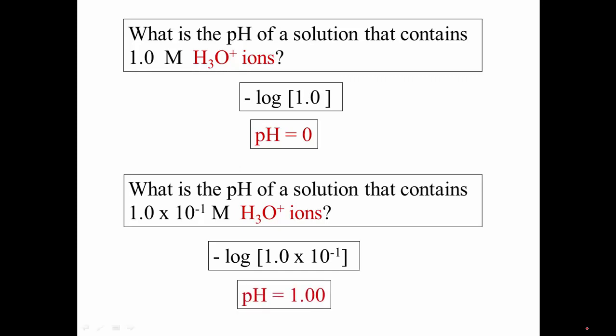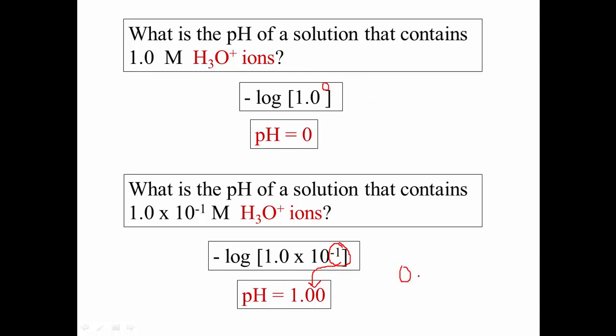So what the log function does is it takes this exponential number and turns it into a whole number. Notice here, this was to the 0 power, so negative log of 1 is going to give you 0. This is to the first.